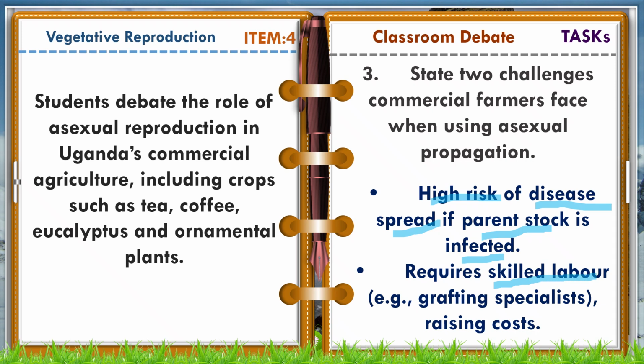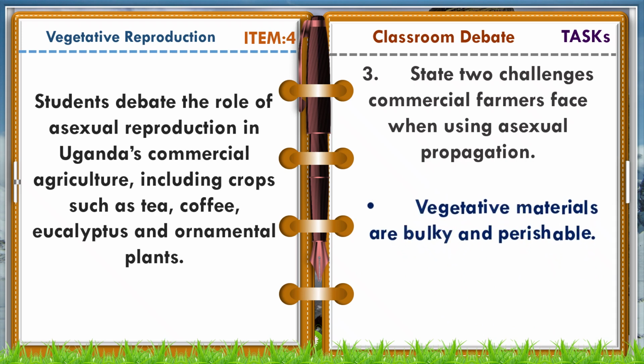Requires skilled labor, for example, grafting specialists. This raises the costs. Vegetative materials are bulky and perishable.